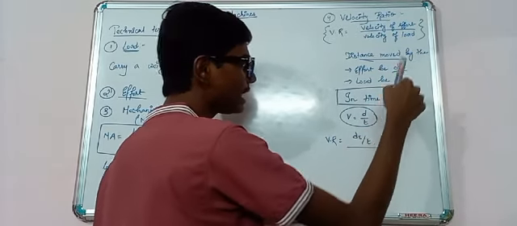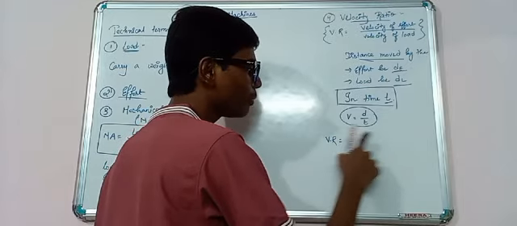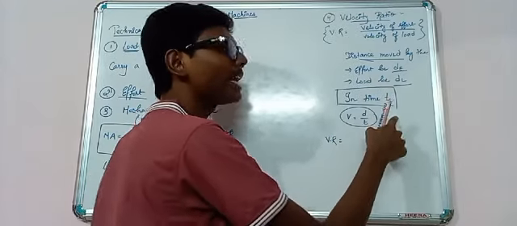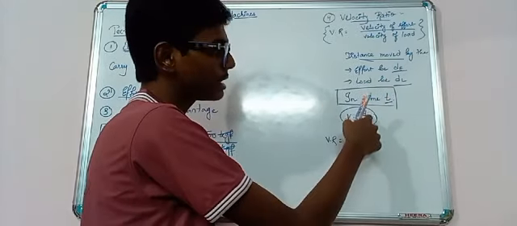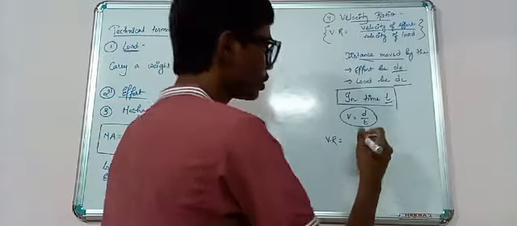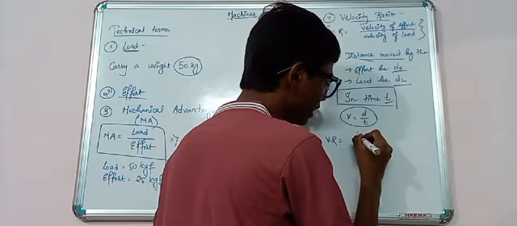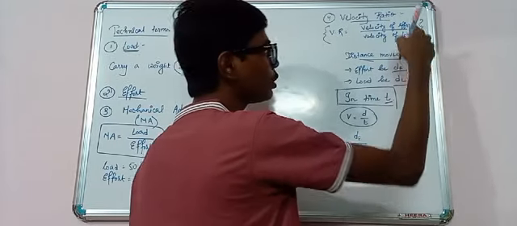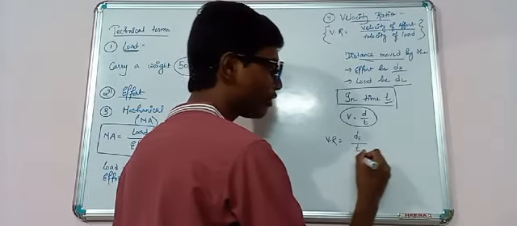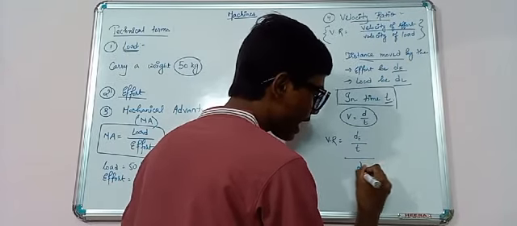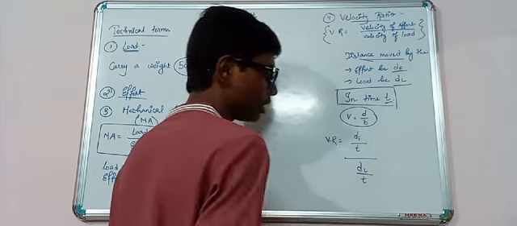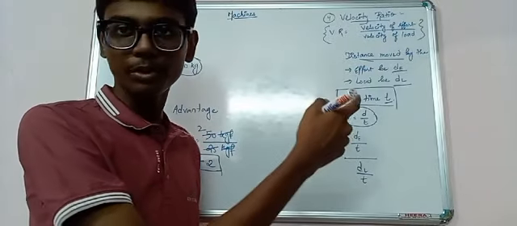Why? Because dE is the distance moved by the effort and the time taken was t. And we know distance by time is velocity. So dE by t is the velocity of effort, divided by dL by t, that is velocity of load.